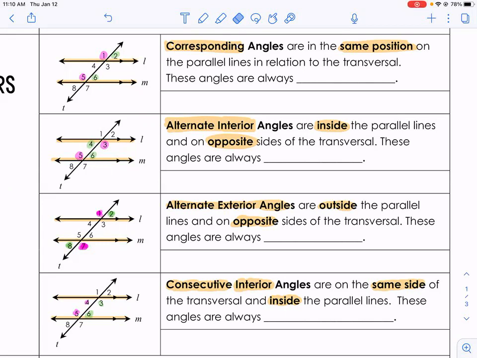Were their measures the same? Yes, ma'am. So I want you to add in on page 7 that corresponding angles, the ones that are in the same position, are always congruent, which means they're the same measurement.